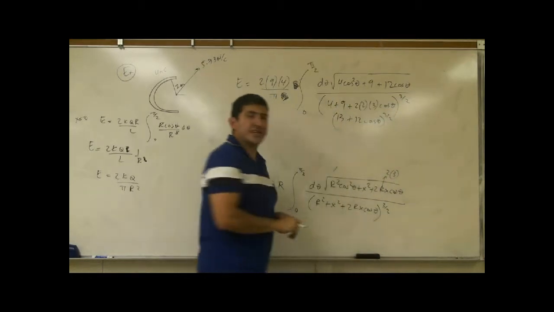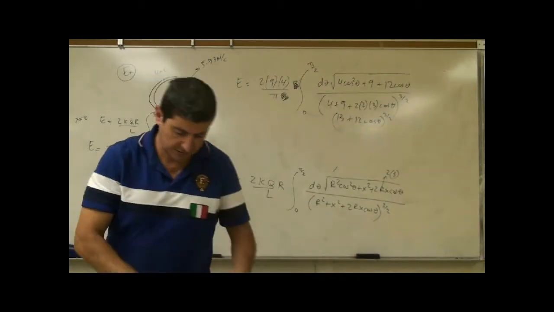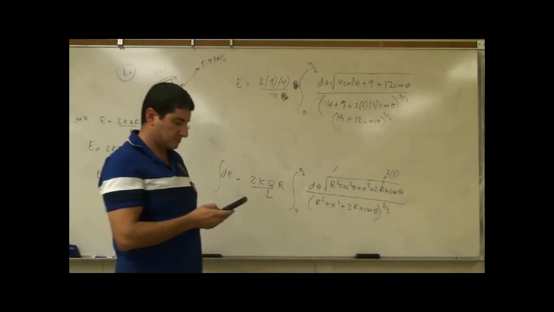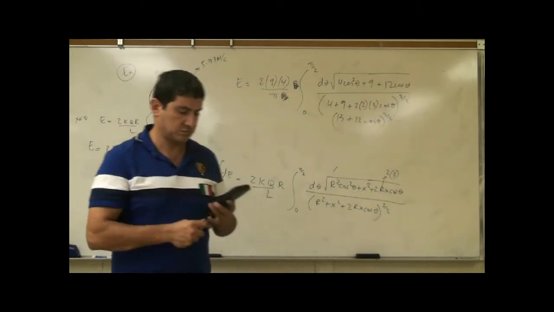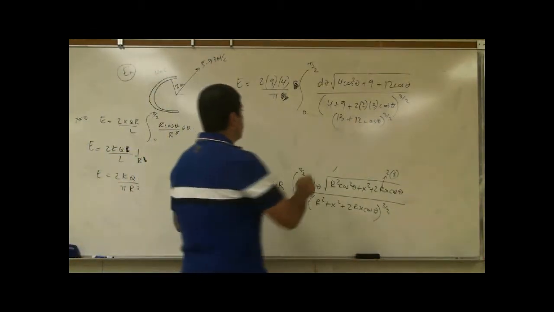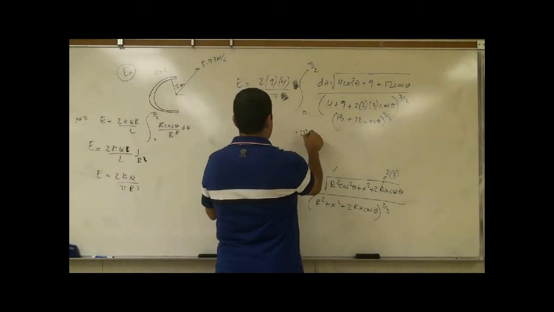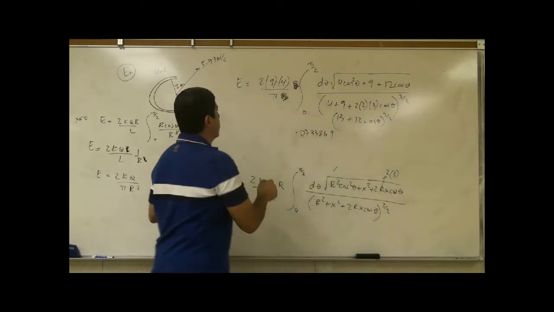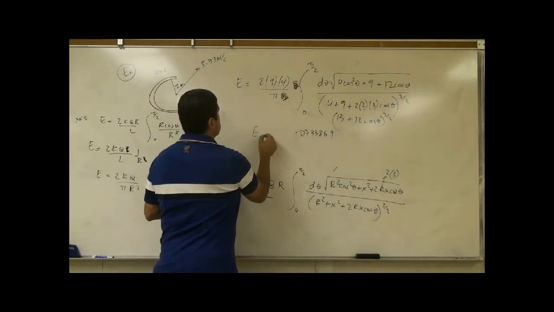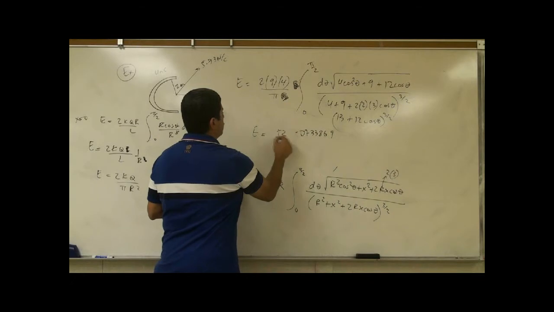So that part looks like the potential integral. Okay? So we're going to go here. The integral came out to be 0.0733869. You multiply that by what? 18 times 4 is 72 over pi.